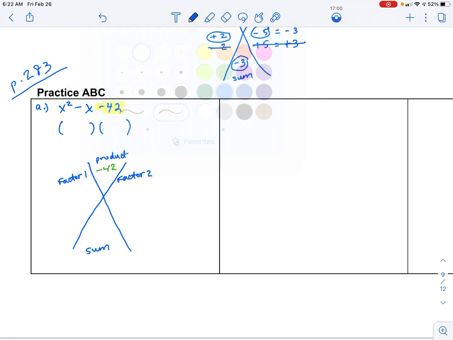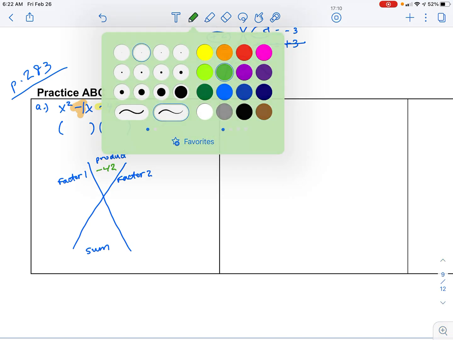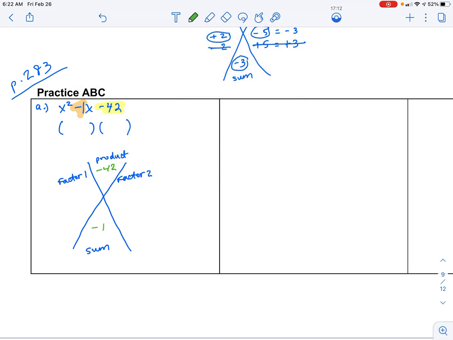We have to put one in there because there's no coefficient. But when there's no coefficient, we know that it's assumed to be 1, right? So negative 1 is going to be our sum. So let's put that right down here as the sum, okay? The product is always this last number, the constant number, which is negative 42 in this case, and the sum is negative 1.